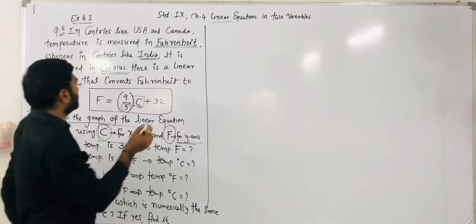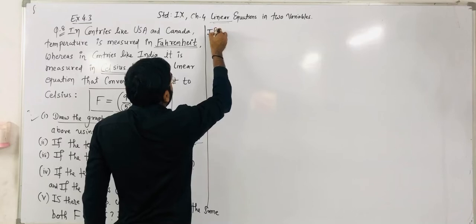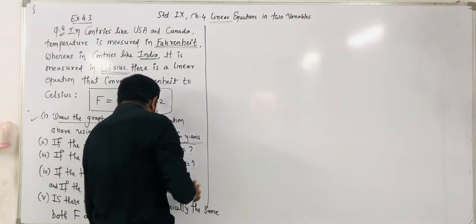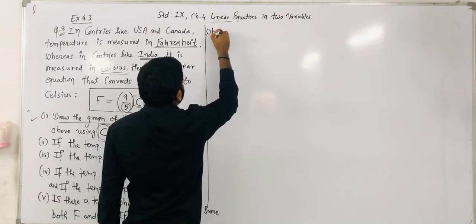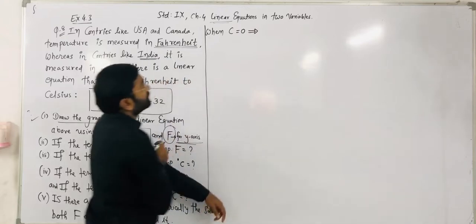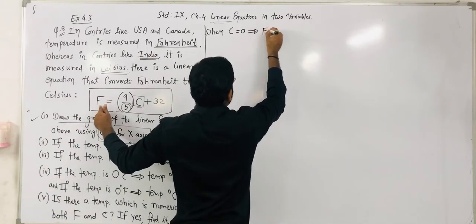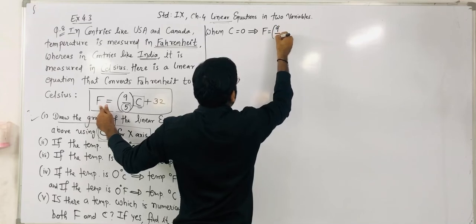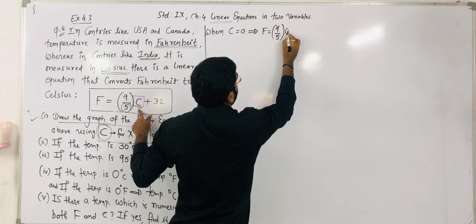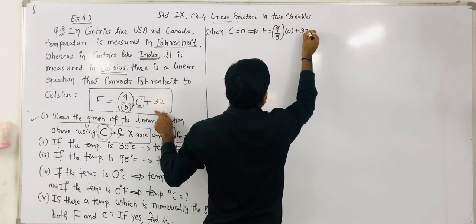First I take the Celsius value as 0. When the Celsius value is equal to 0, what is our F value? The equation is F equals 9 by 5 multiplied with the Celsius value, which is 0, plus 32.